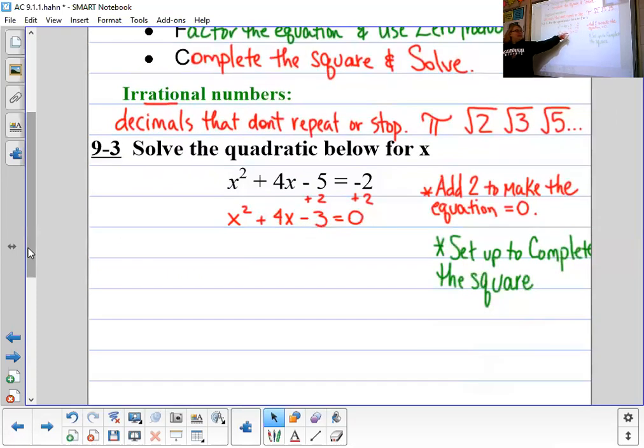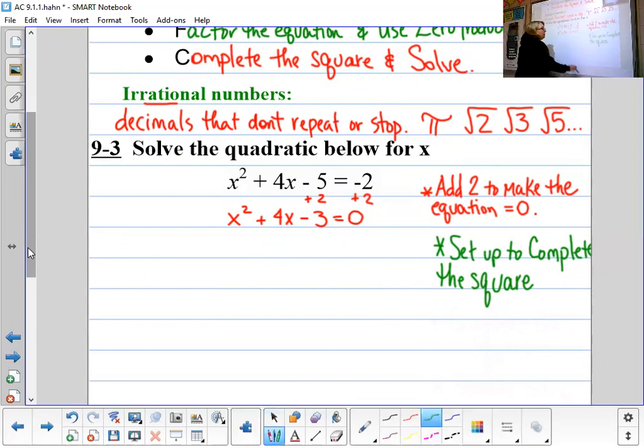Now, I will tell you right now, this is not factorable. I cannot find any two numbers that multiply to -3 and add to 4. So when I can't factor it, the next option I have is to complete the square. Completing the square is how we go from standard form to vertex form. So now we're going to set up the completing the square.